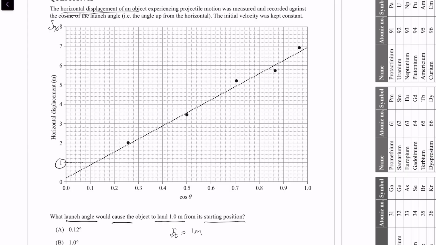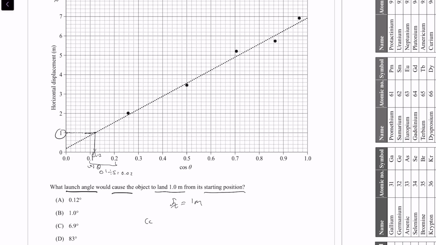If I draw a line and hit that line and go down to the cos theta of that angle, I can see there's 1, 2, 3, 4, 5. So this distance is 0.1 divided by 5, which is 0.02. So this is 0.12, just 0.02 above 0.1. So I know my cos theta value is 0.12.